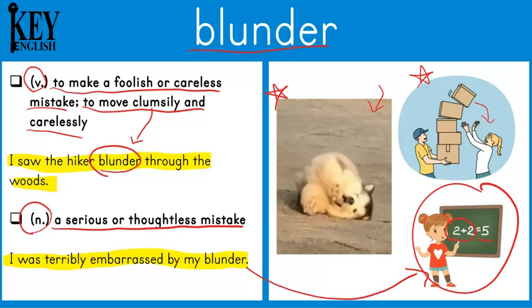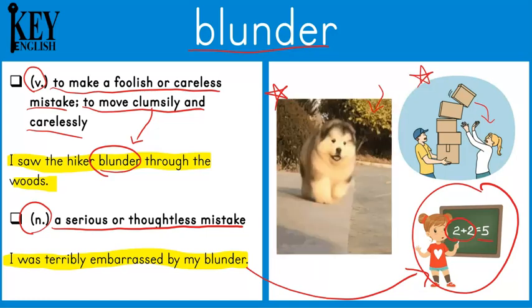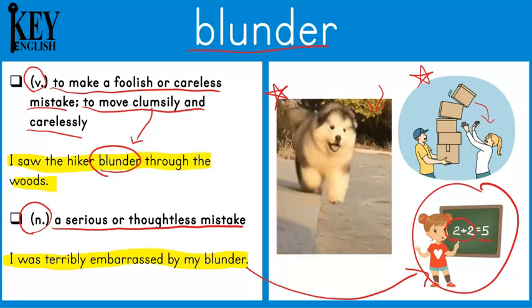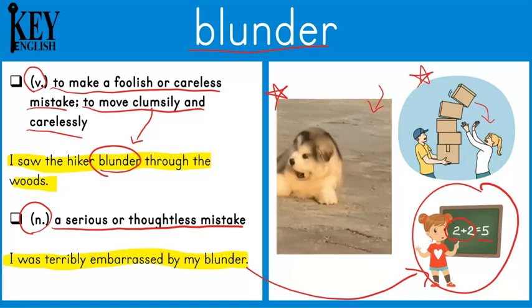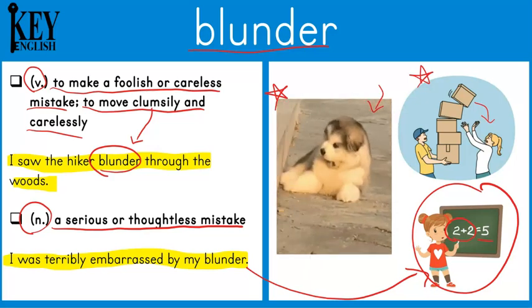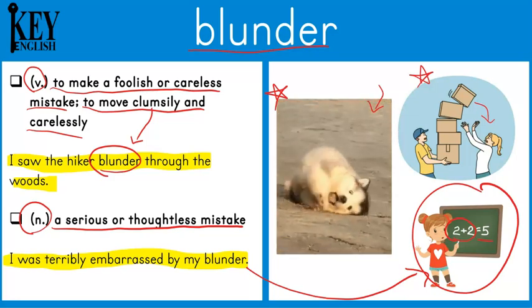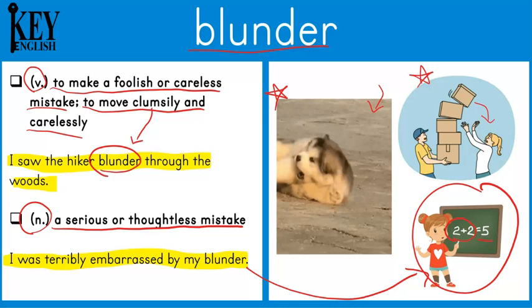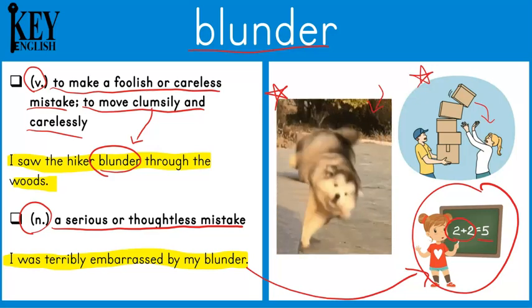You can even say something like, I made a blunder when I forgot my backpack at home. I made a mistake. So anytime that someone is acting in a clumsy or careless way, or makes a mistake that they really shouldn't have made if they were thinking carefully, you can call that a blunder.